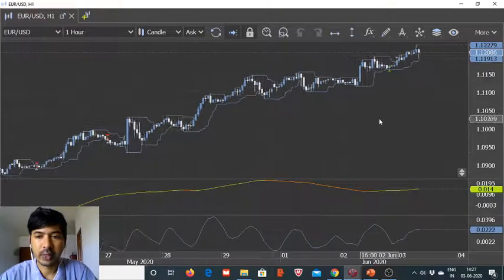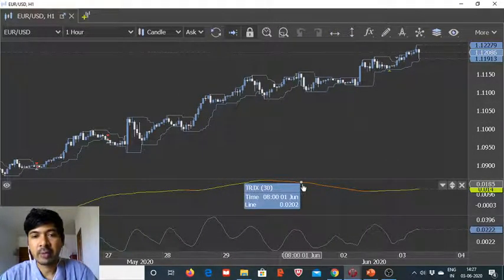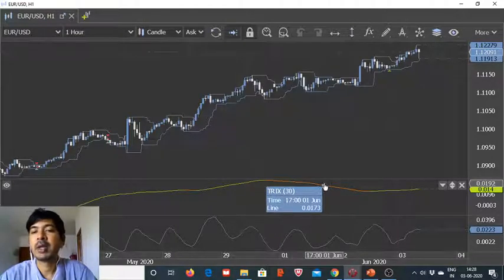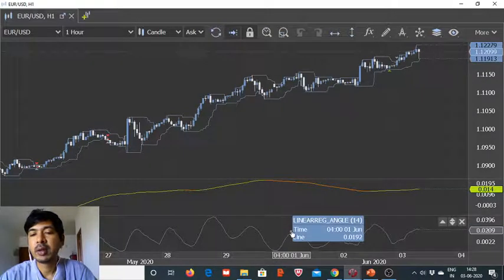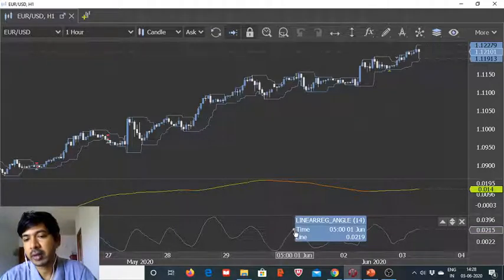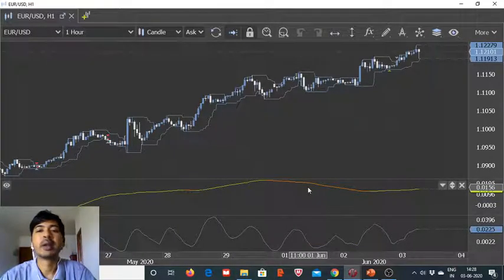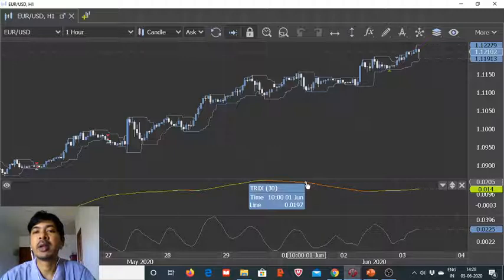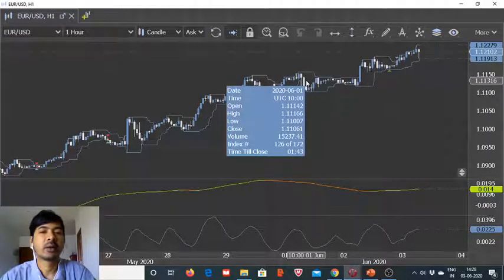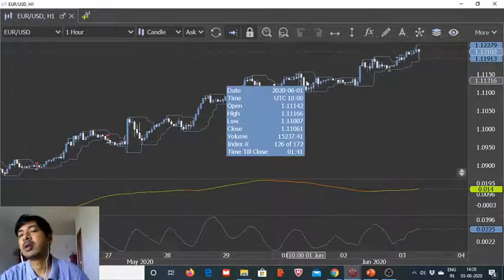As I had explained to you, the setup is fairly simple. We look for a sell trade when the TRIX value is falling and when the linear regression angle enters into positive territory and then starts to fall back. At such a point in time, we look for a sell trade, and in this session we are going with a fixed stop loss and target level with the ratio of 1:2.